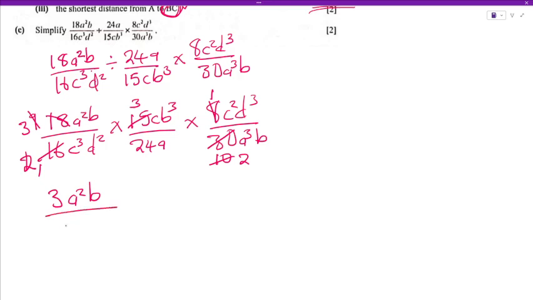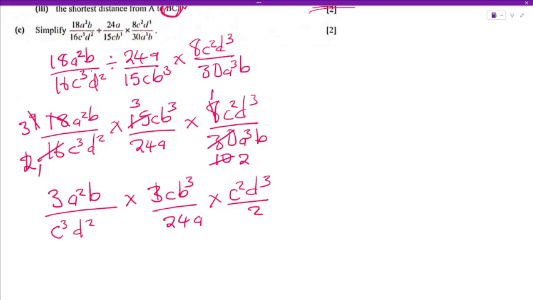But the emphasis is you need to be careful, don't miss out any values. We have a 3 remaining there, everything has been cancelled except for the variables. Down there we have a 2, so you can say 3 there, 1, 3 into 24, that should be 8. Okay, everything should be done there.